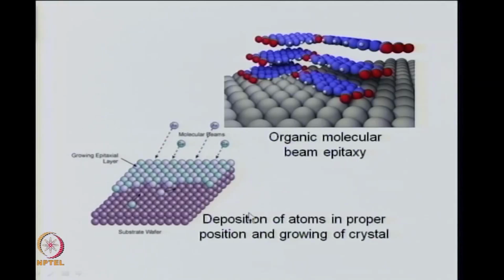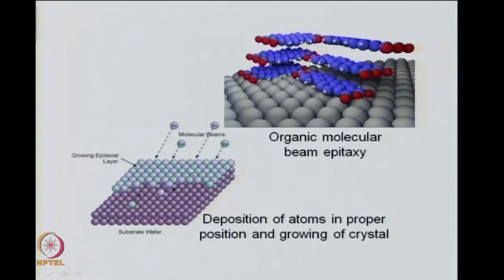Now, if you have atoms like the gallium atom and arsenic atom here, and they are falling as molecular beams or fluxes of these gallium and arsenic atoms on top of a substrate. This one is the substrate wafer, and on top of it the gallium and arsenic are falling as a molecular beam.